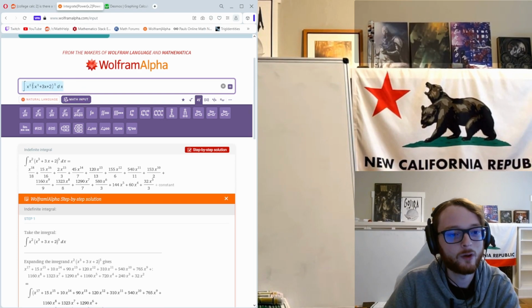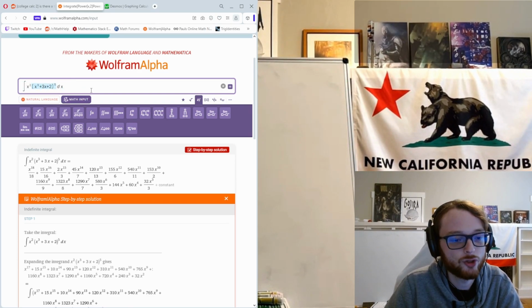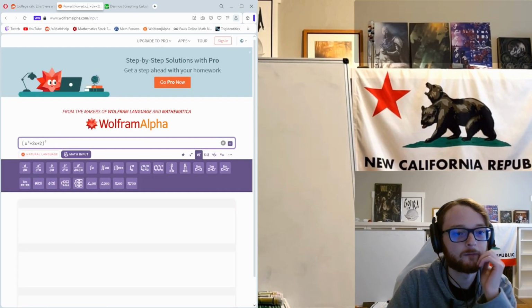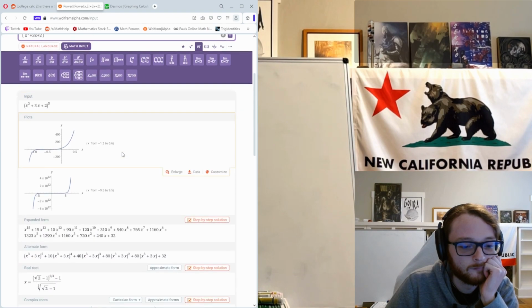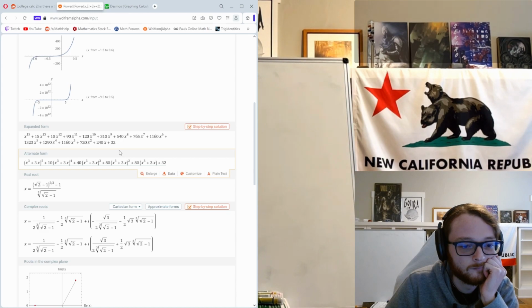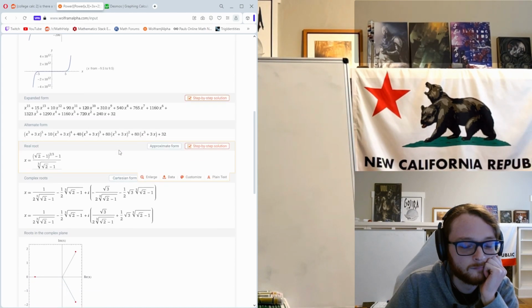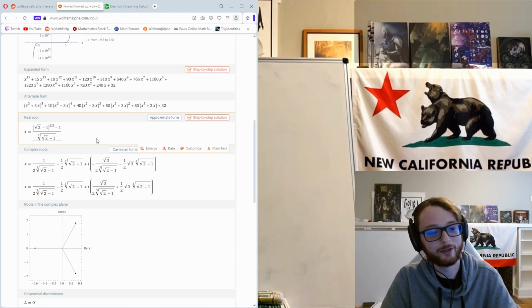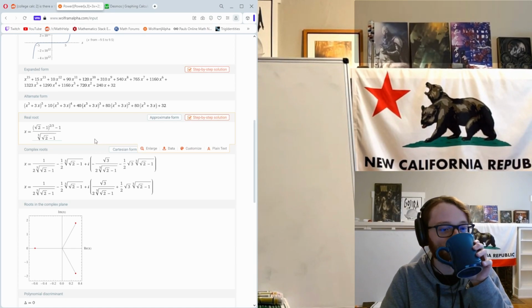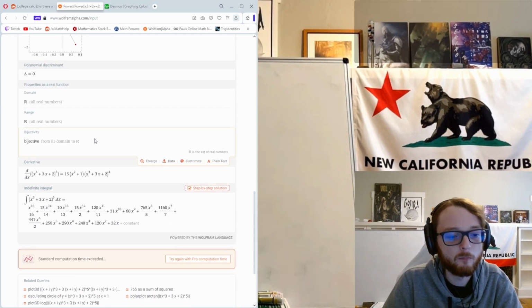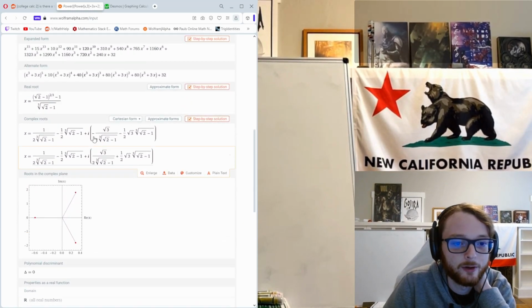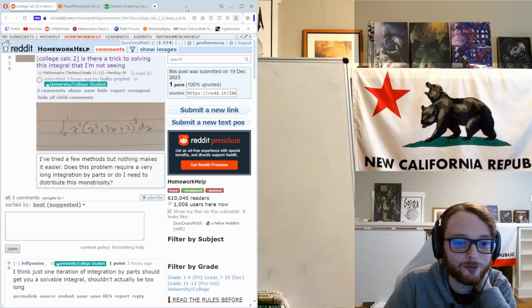We can try one last thing, which is giving it just that polynomial and seeing if it finds some kind of nice reformatting. Wow, that's quite the real root right there. Holy crap. Okay, no, it doesn't seem like there's a shortcut.